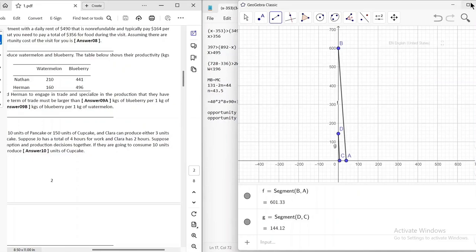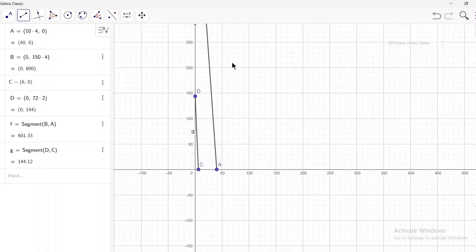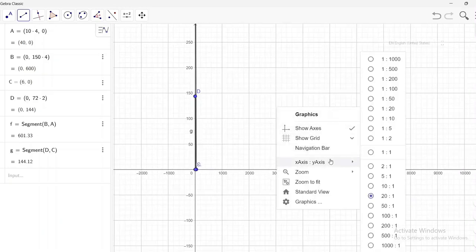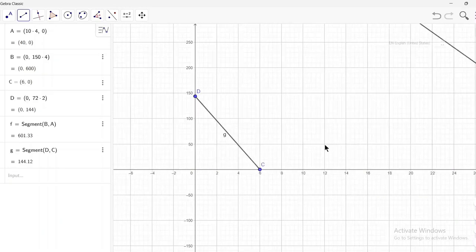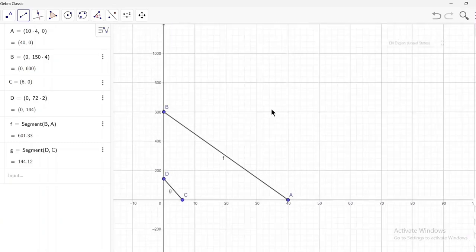Let me zoom fully. Now we need to draw the production possibility curve. Let me first change the ratio. I think it looks much better now. In order to draw the production possibility curve, we need to add the points on the x-axis and the y-axis, and then we need one more point so that we can connect these two curves.